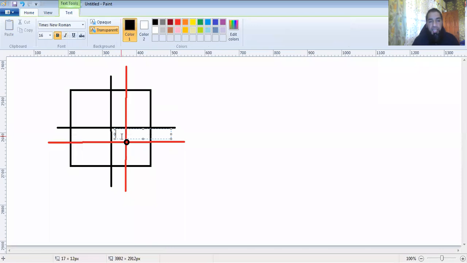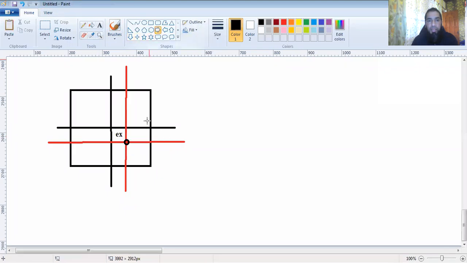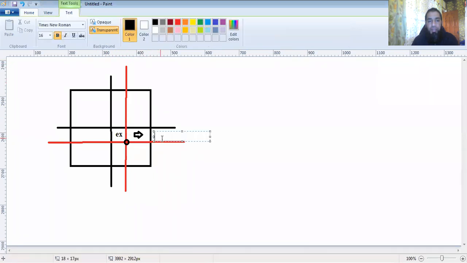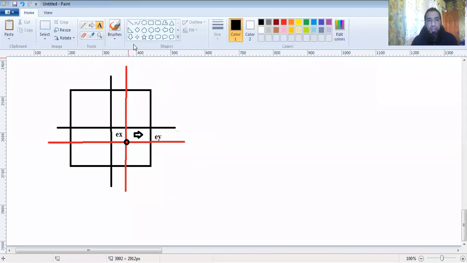So there is Ex on this axis, along this is Ex, then you have Ey along this axis. So from this point to this point is Ey, from this point to this point is Ex.